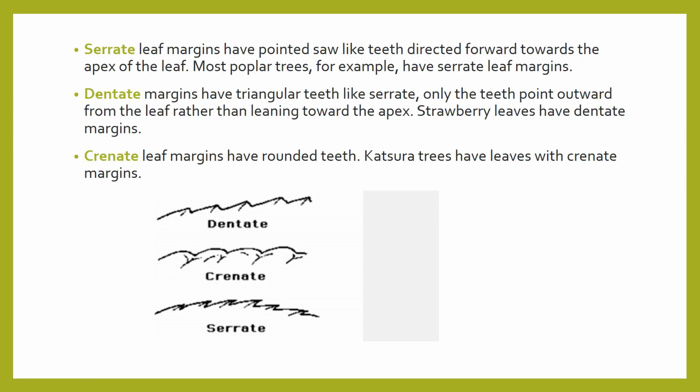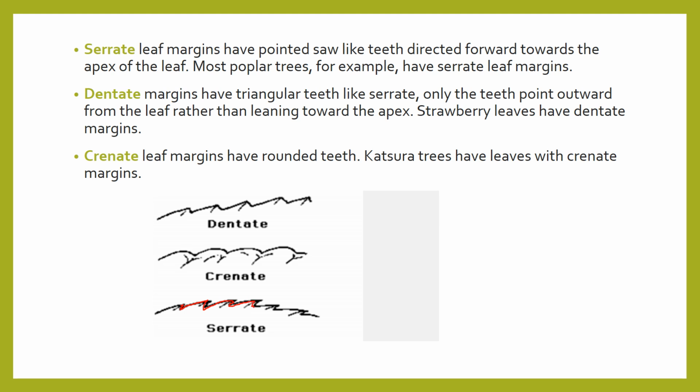So the three shapes of toothed margin are serrate, dentate, and crenate. As in the picture, you can observe the differences between each other. In the serrate situation, you can observe the points of the teeth directed toward the apex of the leaf.